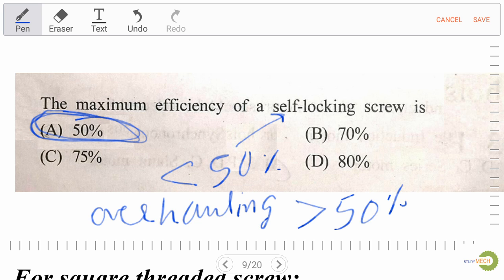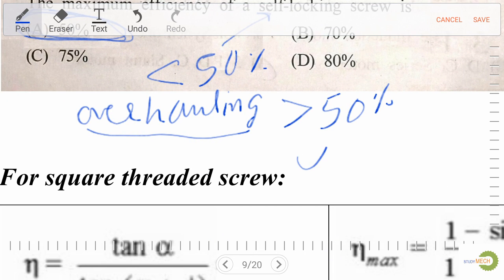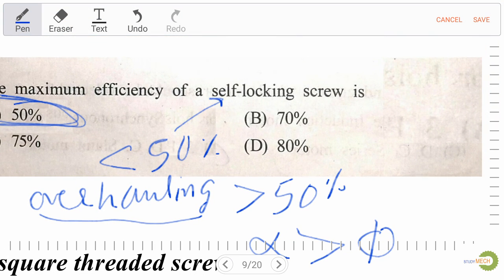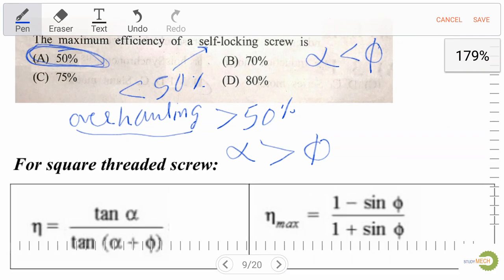Always remember, because in the overhauling type case, alpha, the helix angle, is more than, so it is greater than the friction angle. But in the case of self-locking screw, alpha is less than friction angle. Always remember these details.